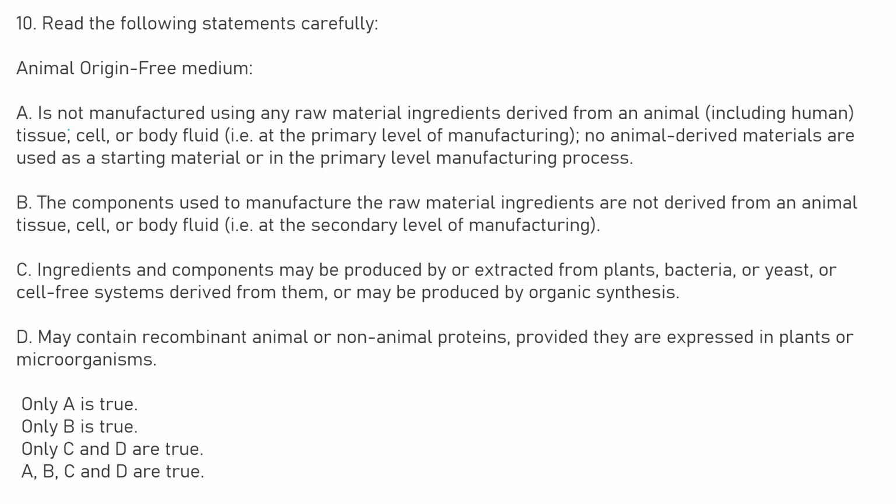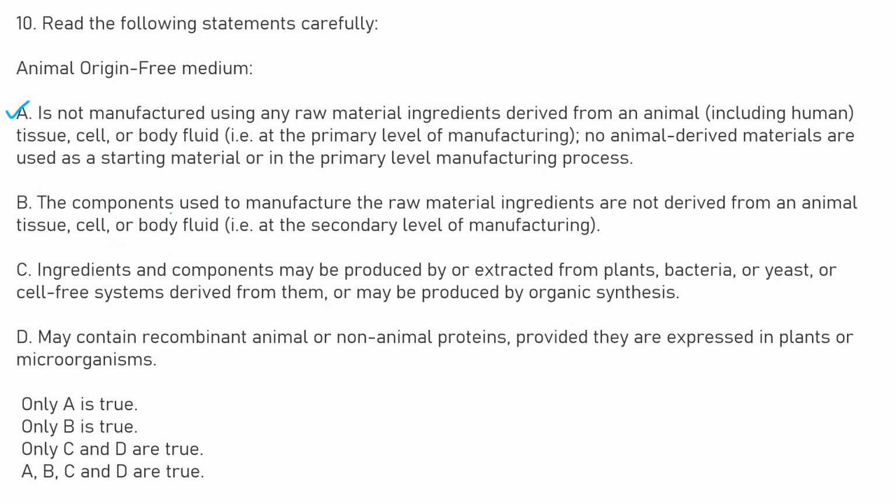You have to choose which of the statements are correct and which are not. First, animal origin free medium is not manufactured using any raw material ingredients derived from an animal, including human, from an animal tissue, cell or body fluid. No animal-derived materials are used as starting material or in the primary level manufacturing process. So this is correct about animal origin free medium.